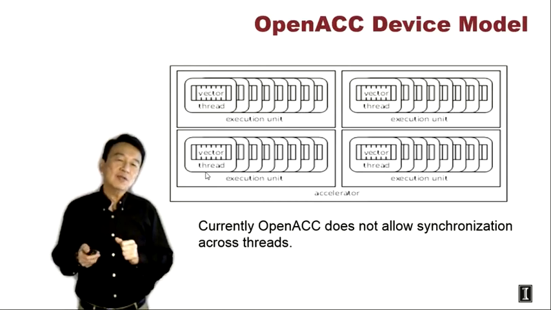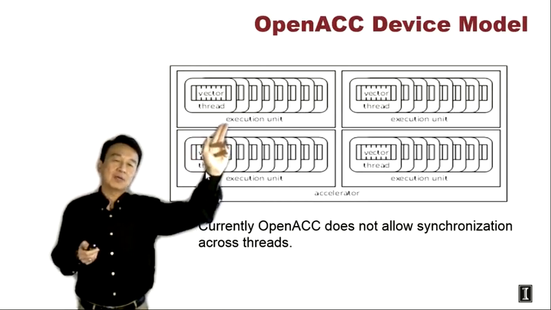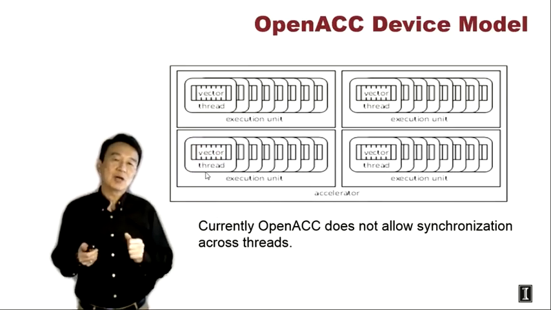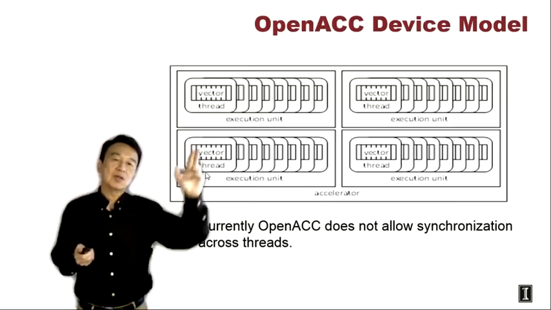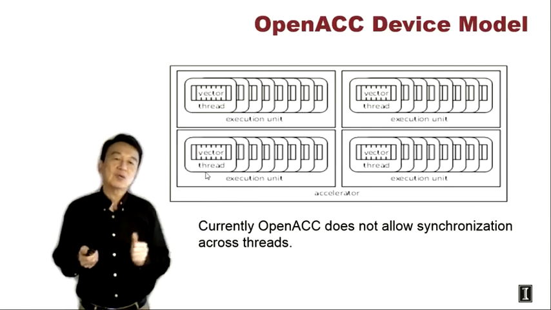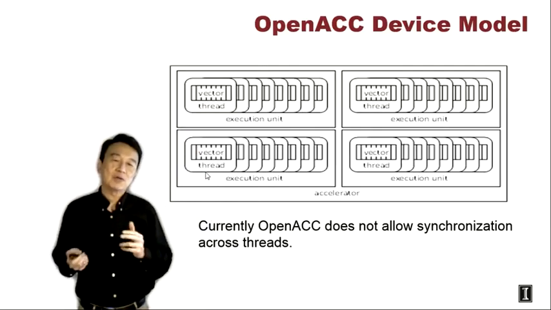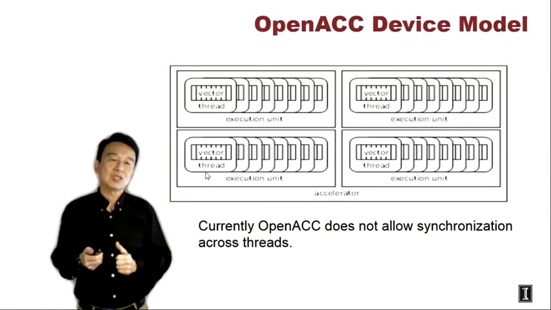So oftentimes when we implement the OpenACC programming model on a particular hardware, even though there are 3 levels of hardware parallelism, only 2 of them are really used.